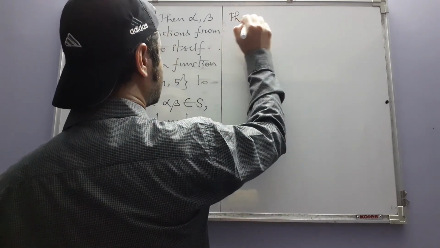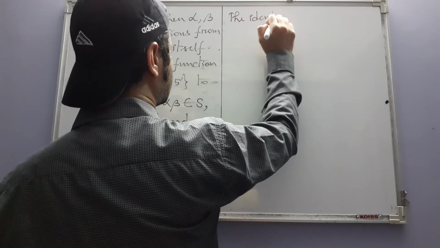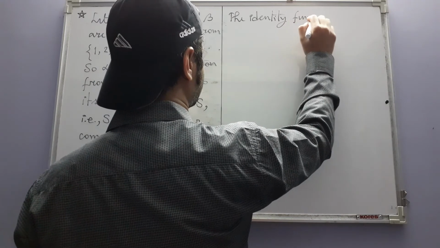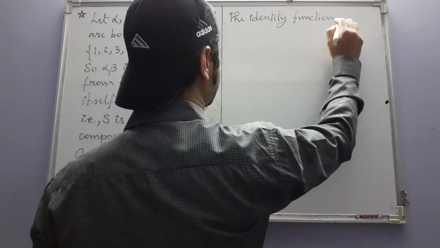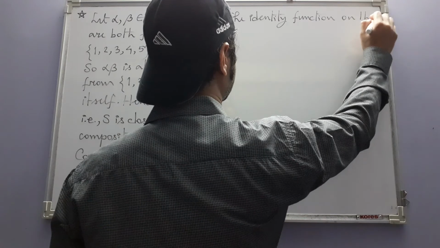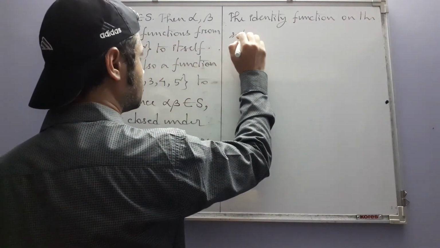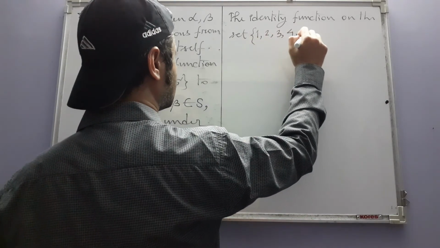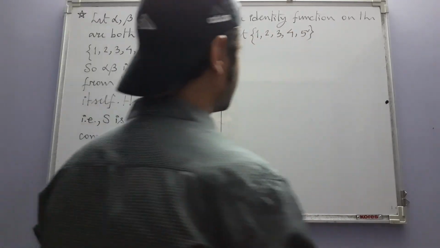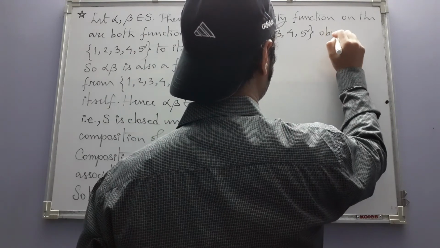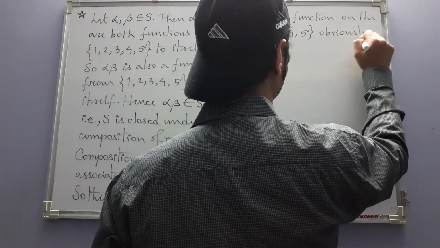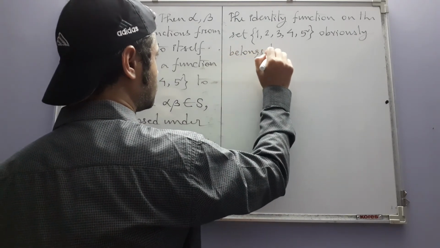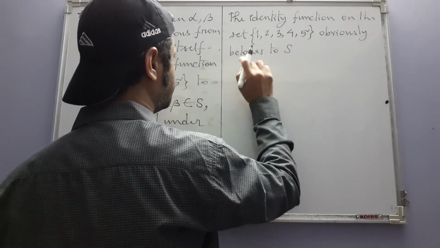The identity function on the set obviously belongs to S. Why?